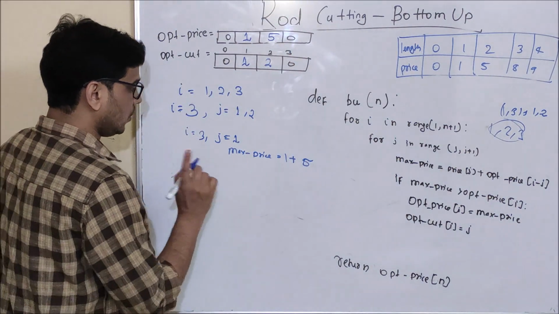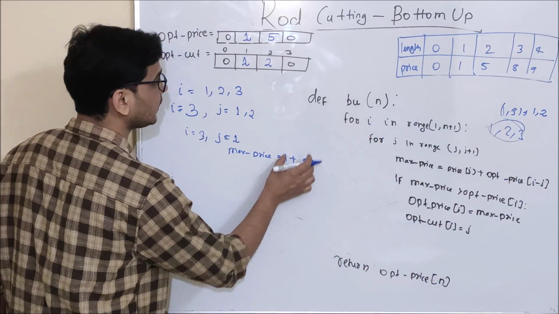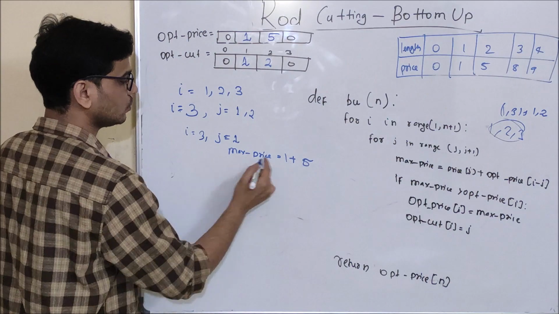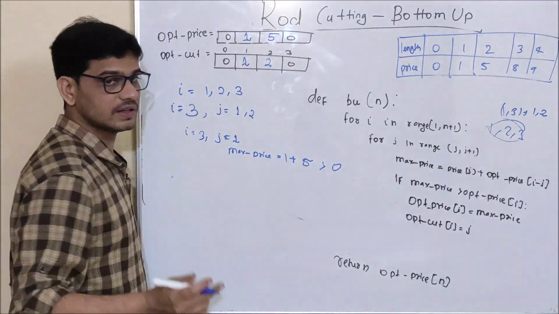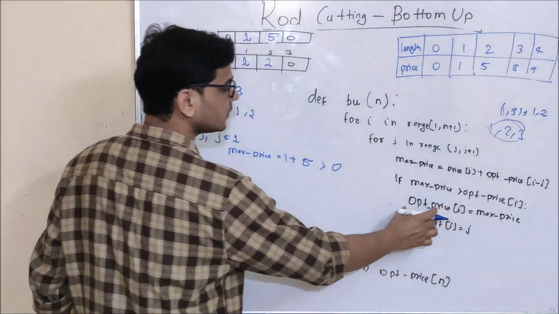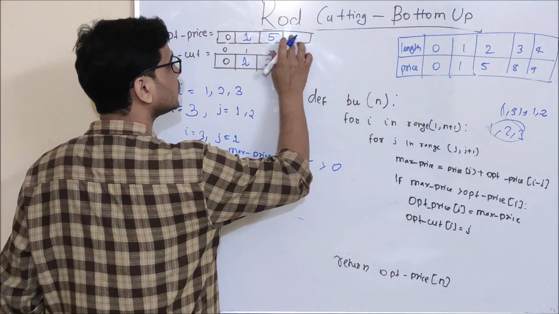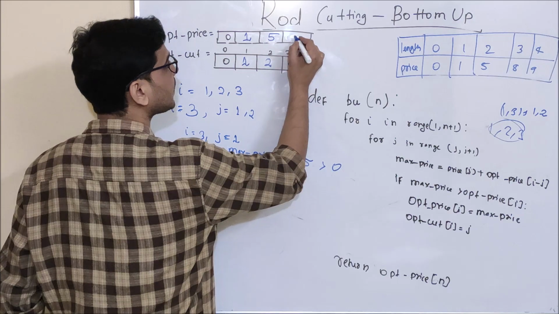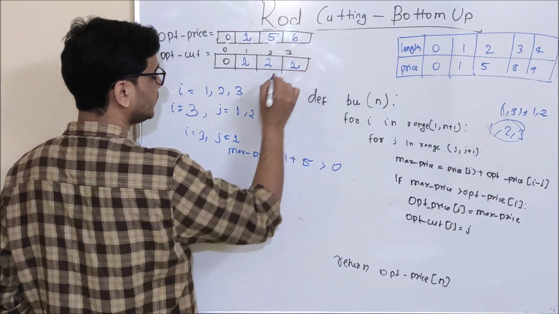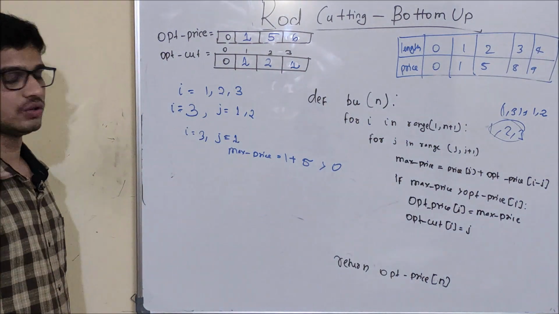So right now in opt price of 3 we have 0. So max price, that is 6, is greater than 0. So in opt price of I, that is opt price of 3, we will write 6, and here we will denote that I have given it a 1 meter cut as j is equal to 1.